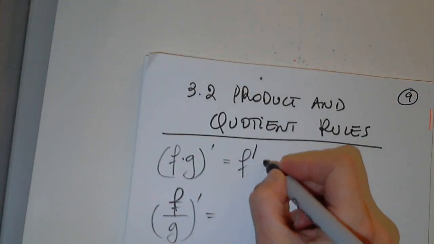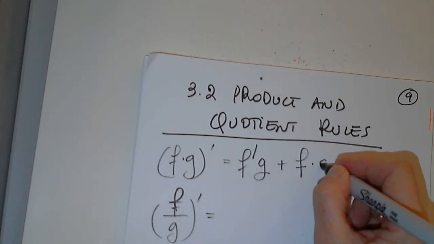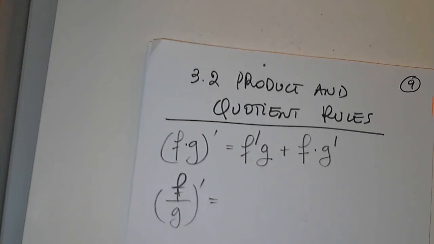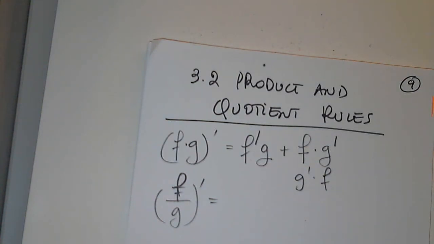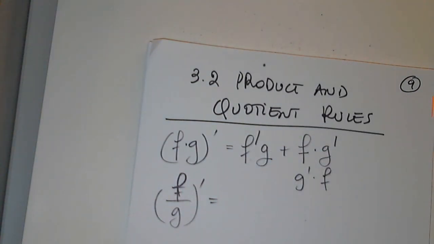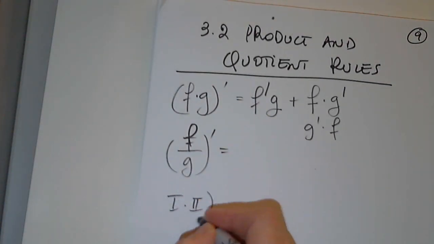It's the first function prime times the second one plus the first times the second prime. Your book presents this part as g prime times f. It's up to you. It's the same thing. It's f times g prime or g prime times f, the same thing. I just prefer 1, 2, the first function times the second function prime, because I say that a lot in my lectures.